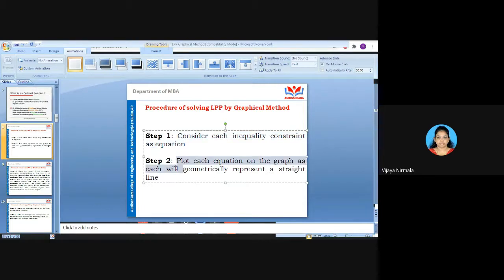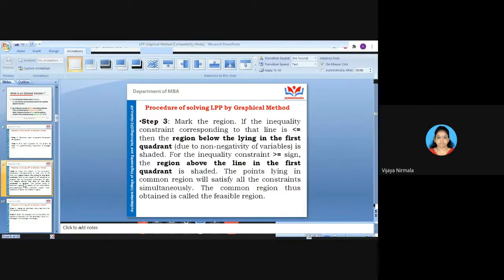Next, step 2, plot each equation on the graph. Geometrically it needs to represent a straight line. So whenever you are plotting x1 and x2 values, it needs to represent a straight line. That you have to remember.